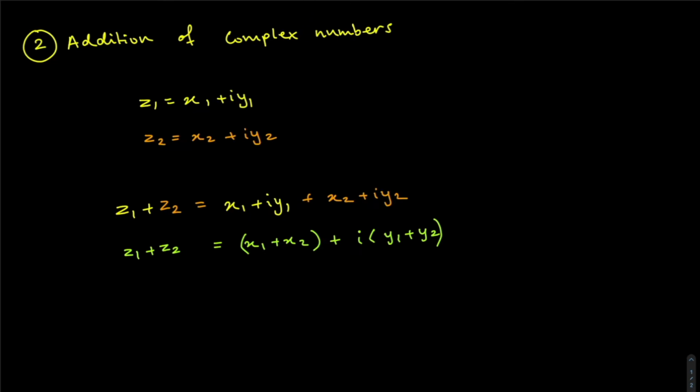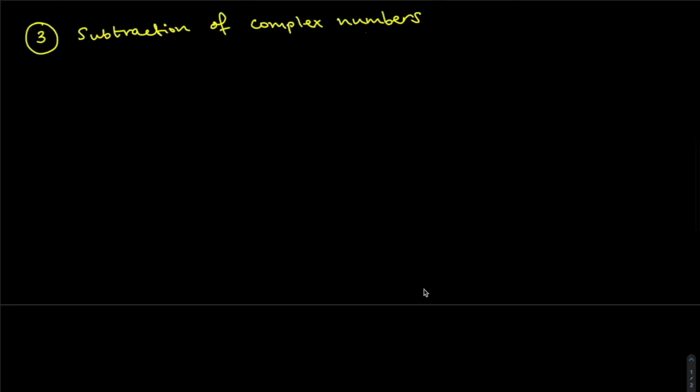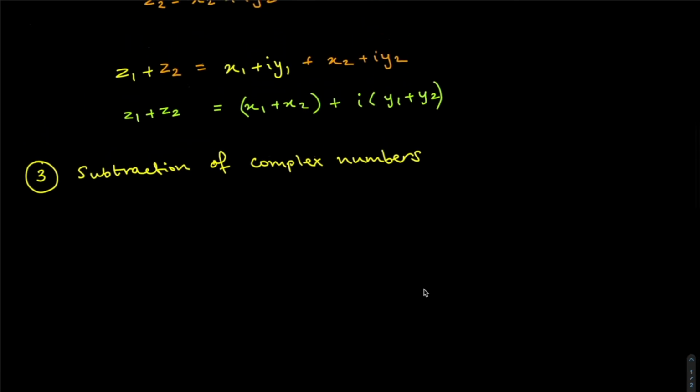Subtraction of complex numbers, again, nothing new. We're going to use the same process that we did for addition. So in subtraction of complex numbers, we follow the same process.